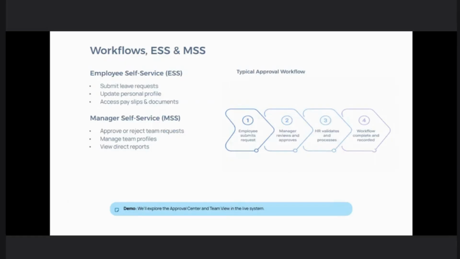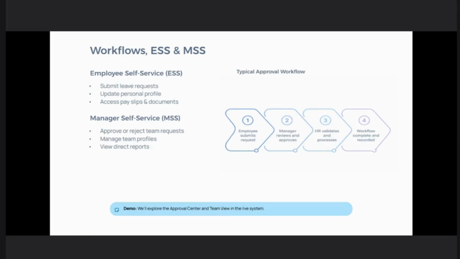Now let's understand the workflows and ESS and MSS. One of the biggest advantages of SuccessFactors is process automation through workflows. Traditionally, HR teams handled many requests manually through emails, spreadsheets, Excels. But SuccessFactors has cut that short and reduced that dependency by routing requests automatically. And how is that happening?